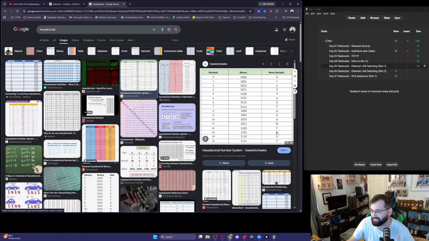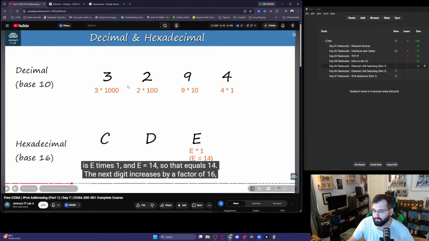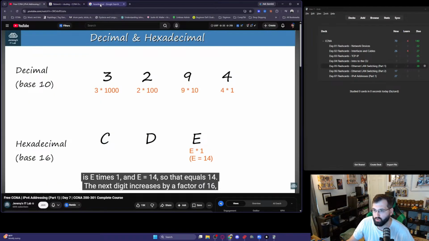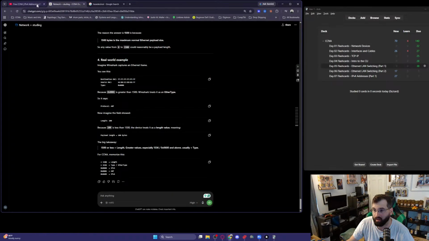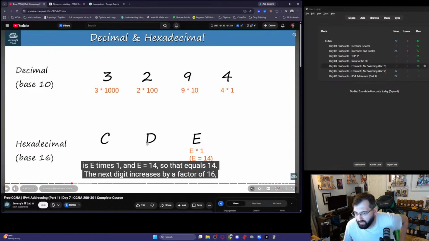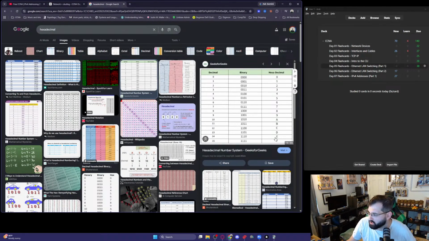So then why is D 2? Because it should be 200? I don't understand. I thought I understood. Because based off of this chart, E is 14, but D is 13.